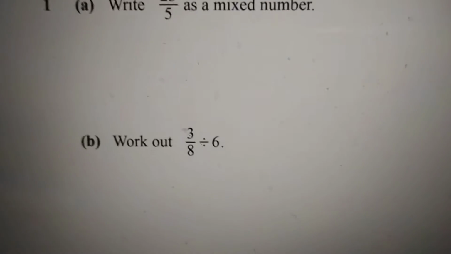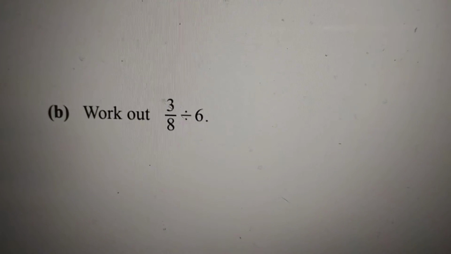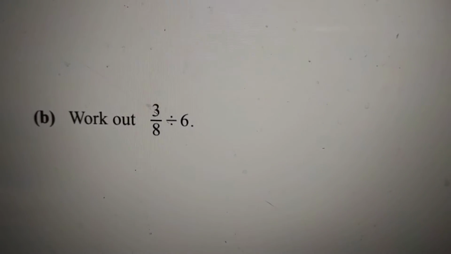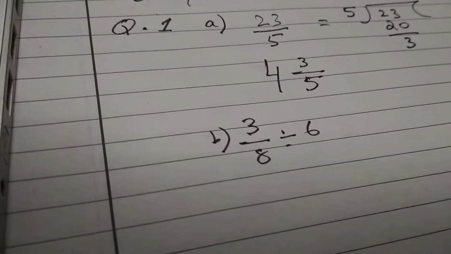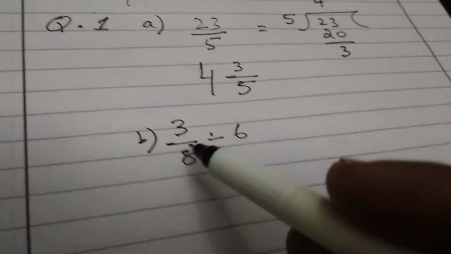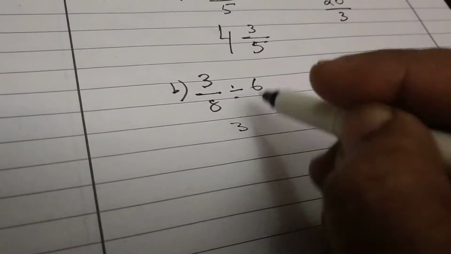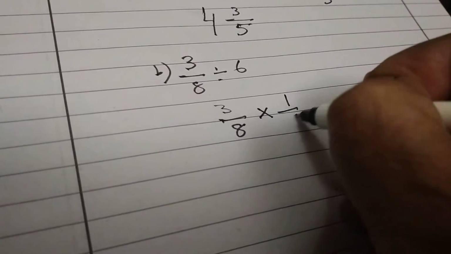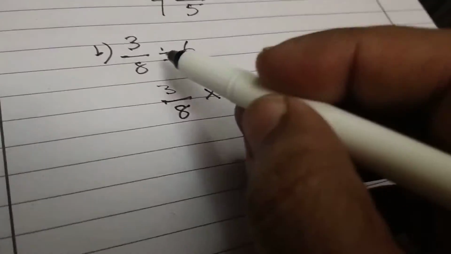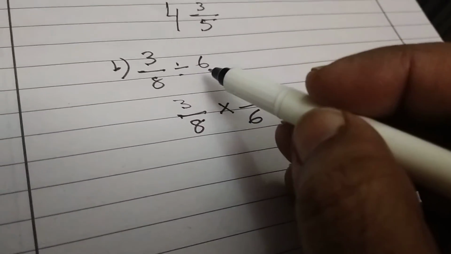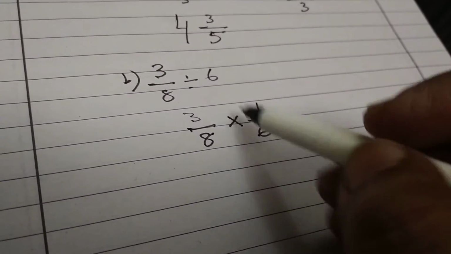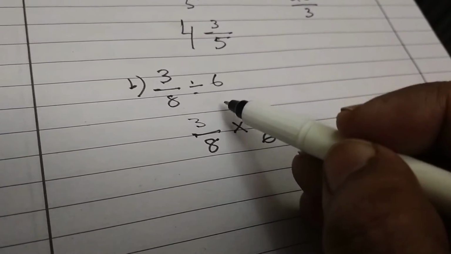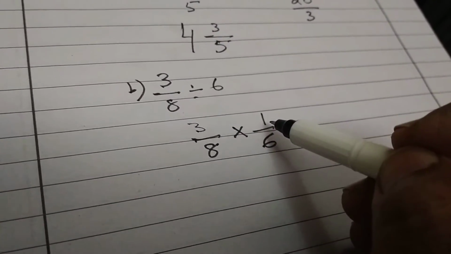The second part B of question number 1 is also very simple. Work out 3 upon 8 divided by 6. Remember we are not using the calculator, so we must show these steps. 3 upon 8, and then it is divided by 6, so we take the reciprocal of this. The denominator over here is 1, so that becomes the numerator.